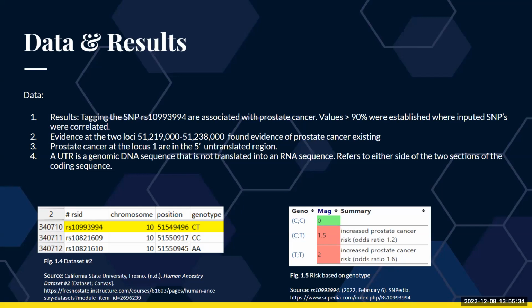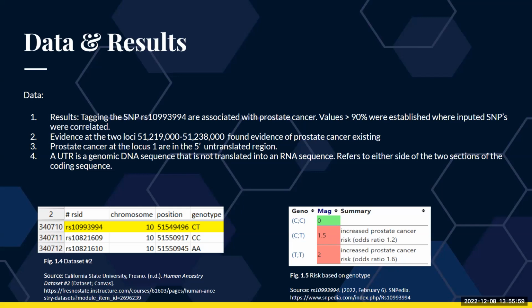The prostate cancer is found on the locus 1 in the 5' untranslated region, abbreviated UTR, which is a genomic DNA sequence that's not translated in the RNA sequence. So this basically refers to either side of the coding sequence that's not being translated.